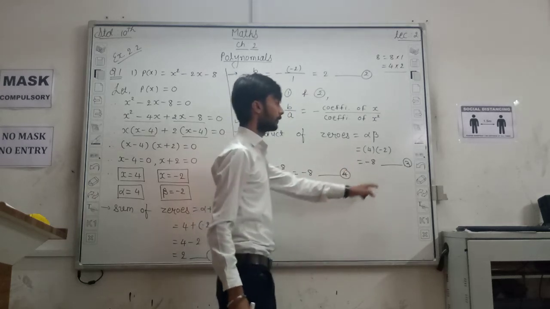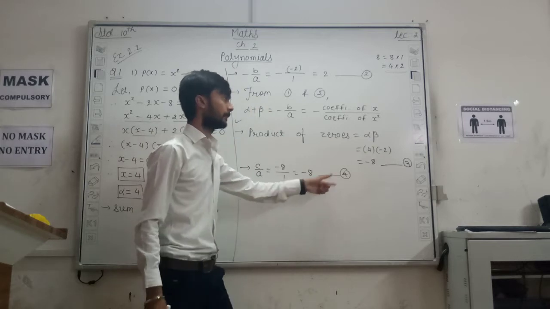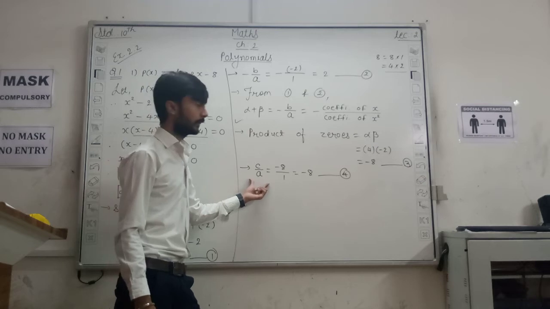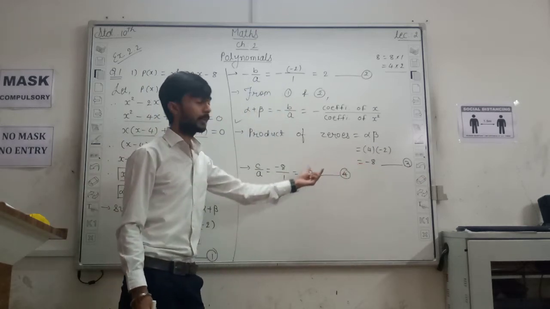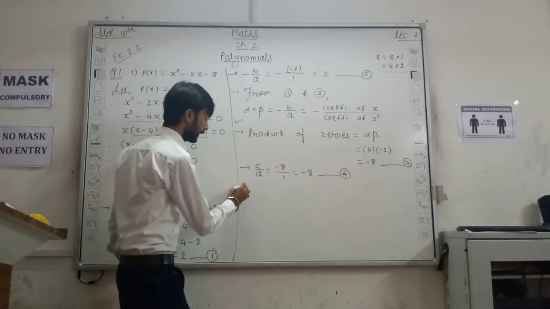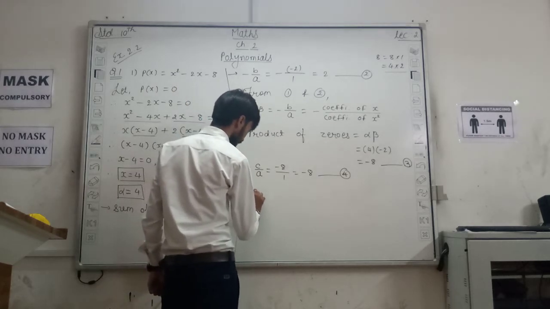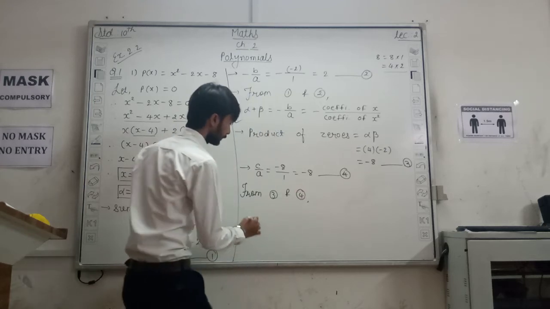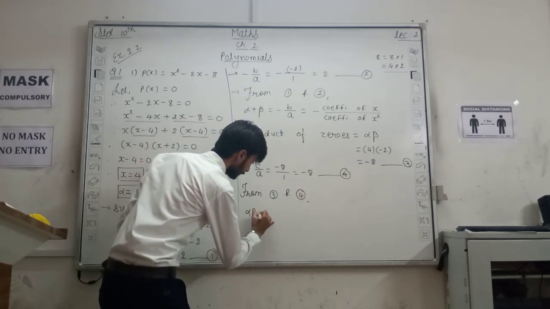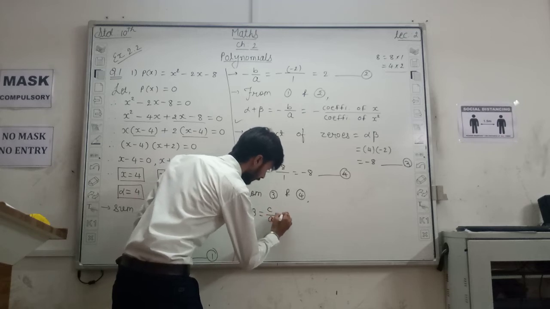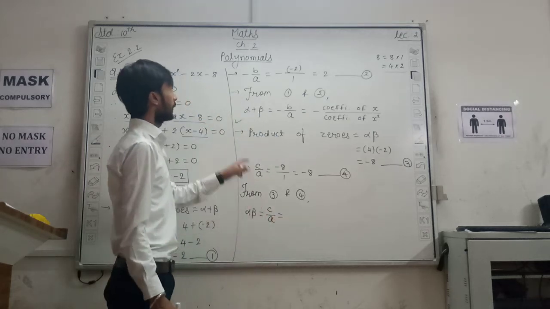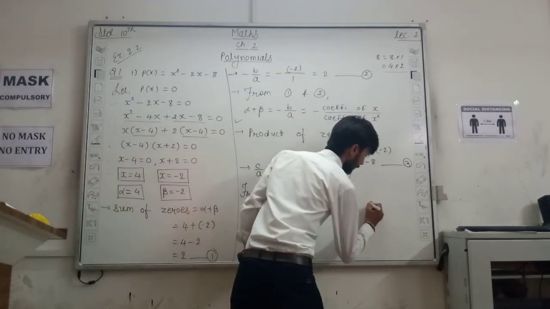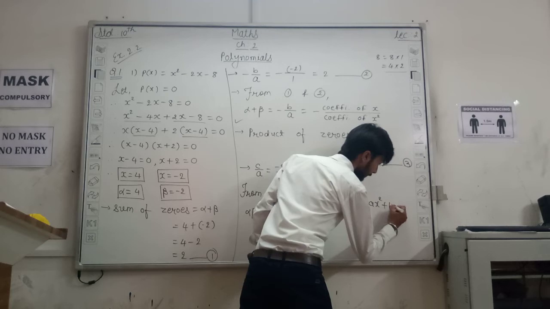So you can see from 3 and 4 we can say that the product of zeros alpha beta equals C upon A, because the values of both of them are equal. What is C? C is the constant term. We know the general form is ax square plus bx plus c.